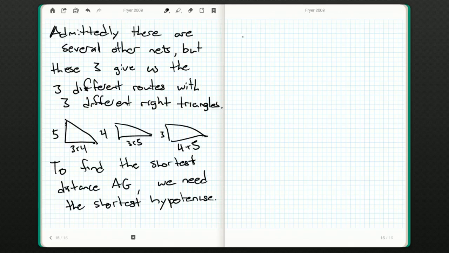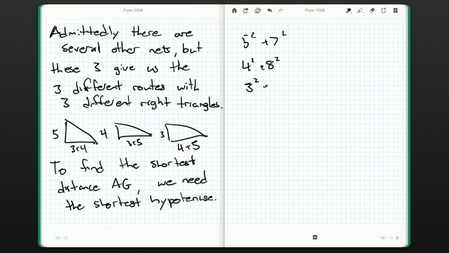Alright, well, so we could have 5 squared plus 7 squared, we could have 4 squared plus 8 squared, and we could have 3 squared plus 9 squared. And I think this middle one's going to do it. Let's rewrite this a little better so it's a little more clear, because clarity does count on these contests.